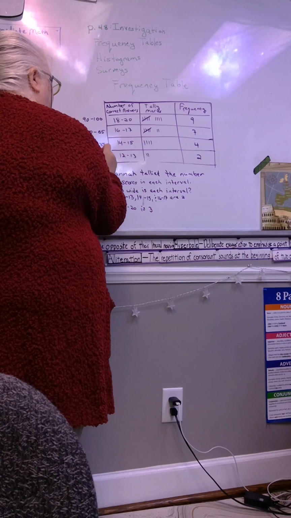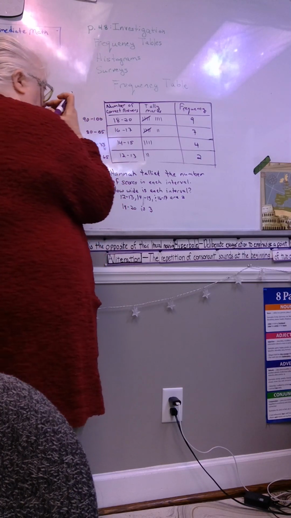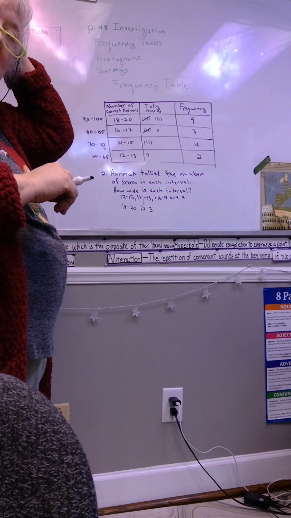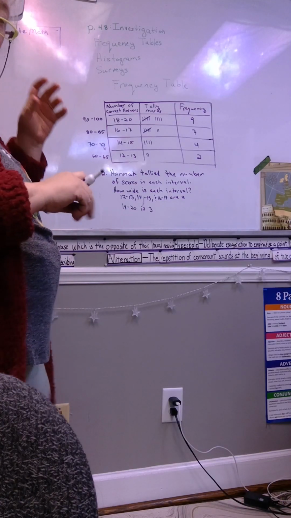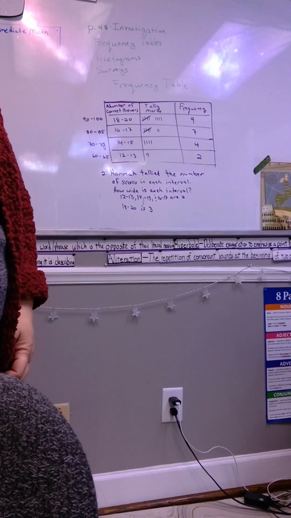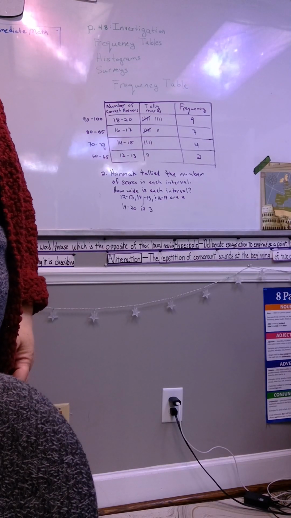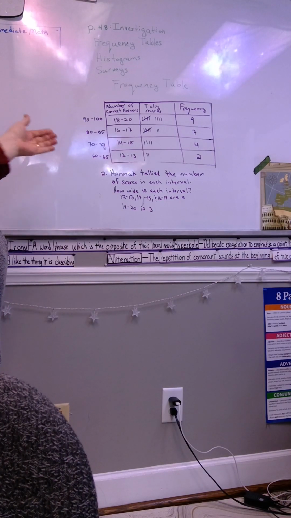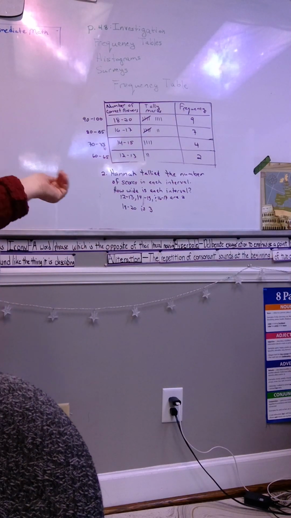And this is 60 through 65. So these correspond to like letter grades. And that's why I would think, because anything under 60 is failing.